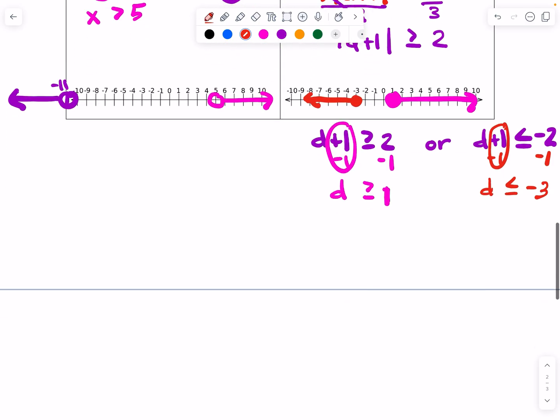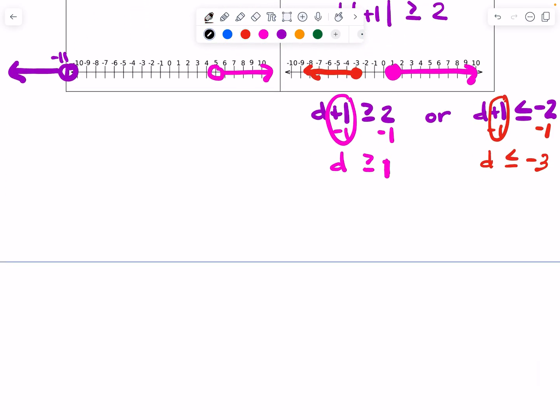Okay, so a few reminders. If you've got absolute value is less than a number, okay, then you're going to have it between the positive and negative version of that number.